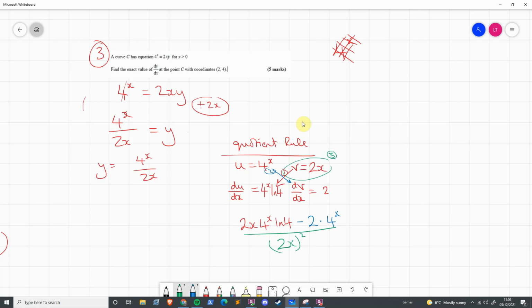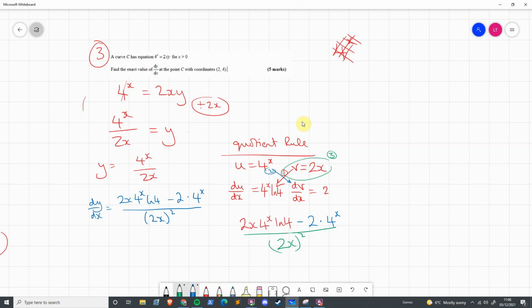So this in fact gets me that dy by dx equals 2x 4 to the power of x ln 4 minus blah blah blah blah blah. There we go. Find the exact value of dy by dx at the point C with coordinates 2, 4.